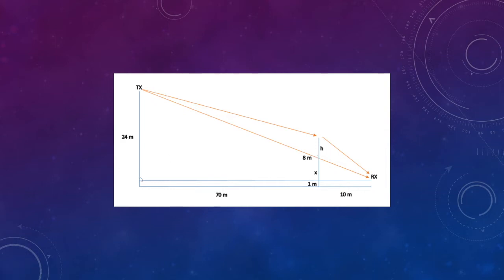So here we have the transmitter antenna located at a height of 24 meters. There's a distance between the tree and the antenna of 70 meters, and the receiver is 1 meter above the floor and at a distance of 10 meters from the tree, 8 meters height.